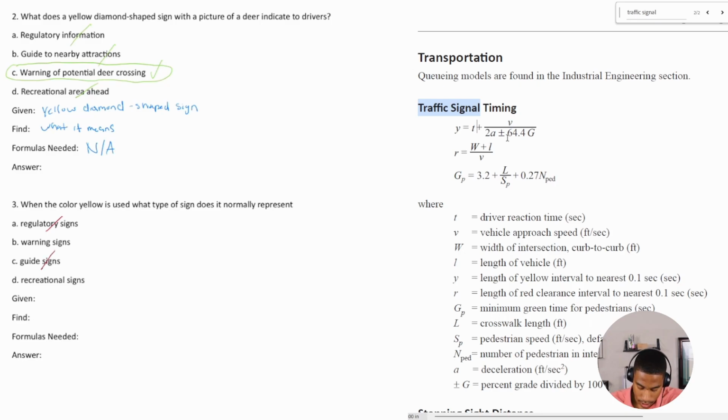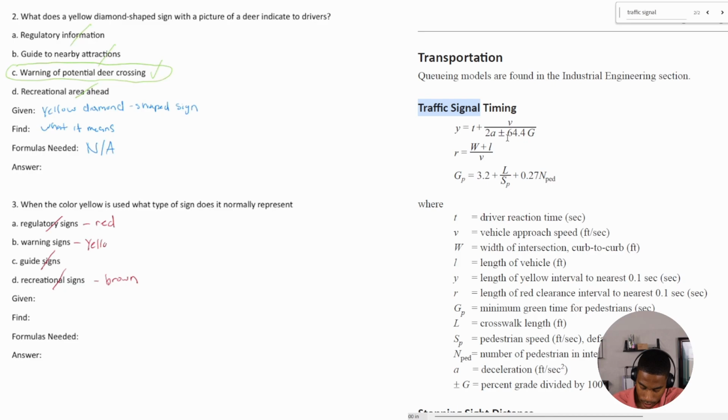And recreational signs. Recreational signs and guide signs, just depending on what you're doing, but if you're going to a park or a museum, it's typically brown. Regulatory signs are typically red.